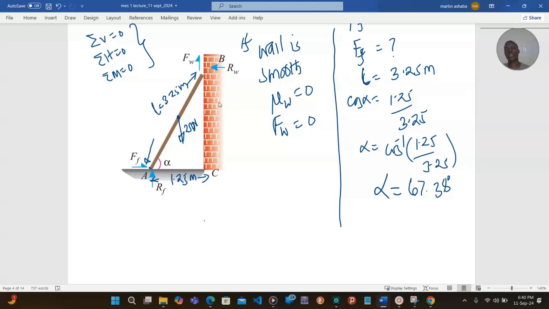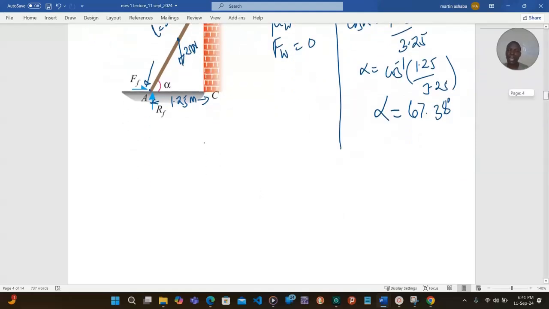So the force acting is going to be the reaction Rw. We will have Ff, we will have Rf, and the weight of the ladder.